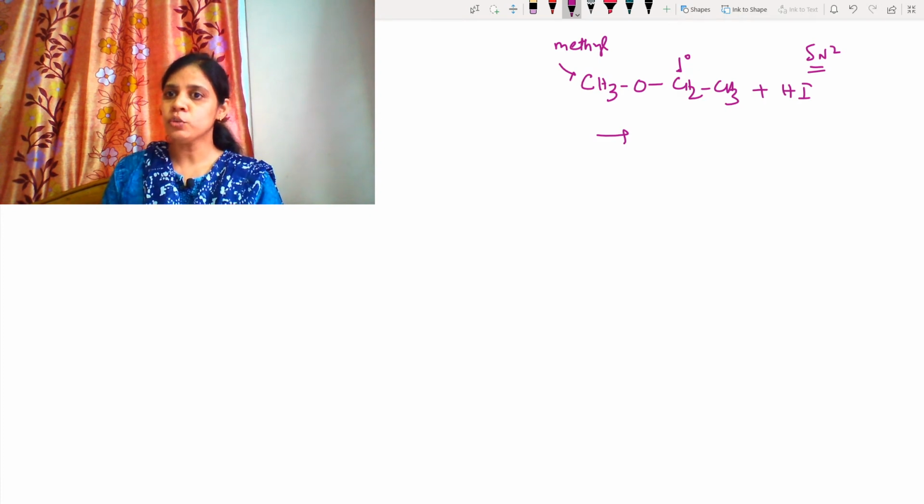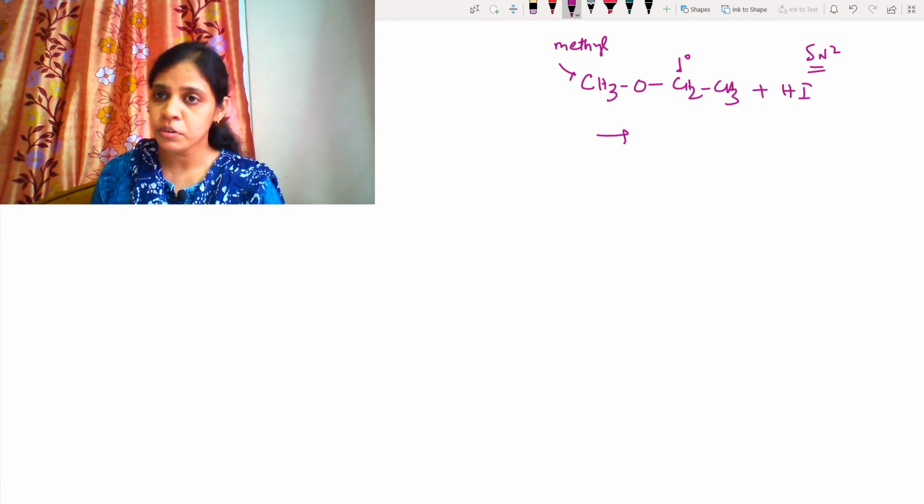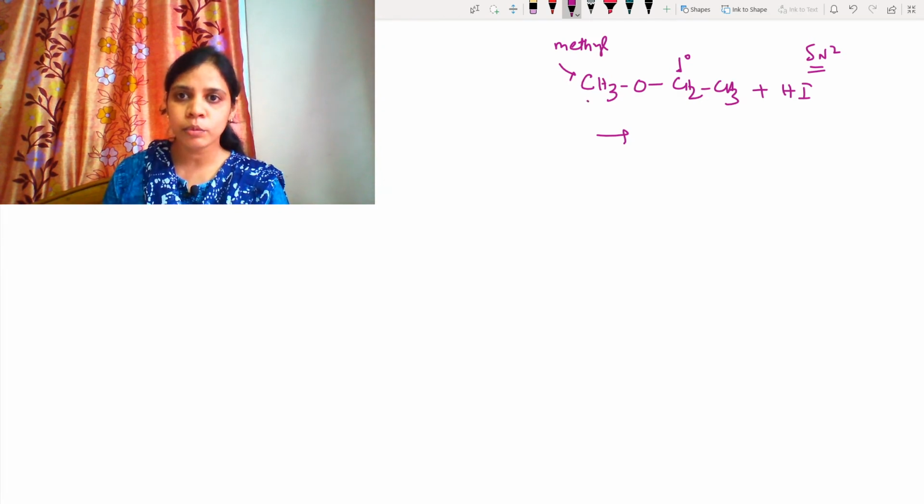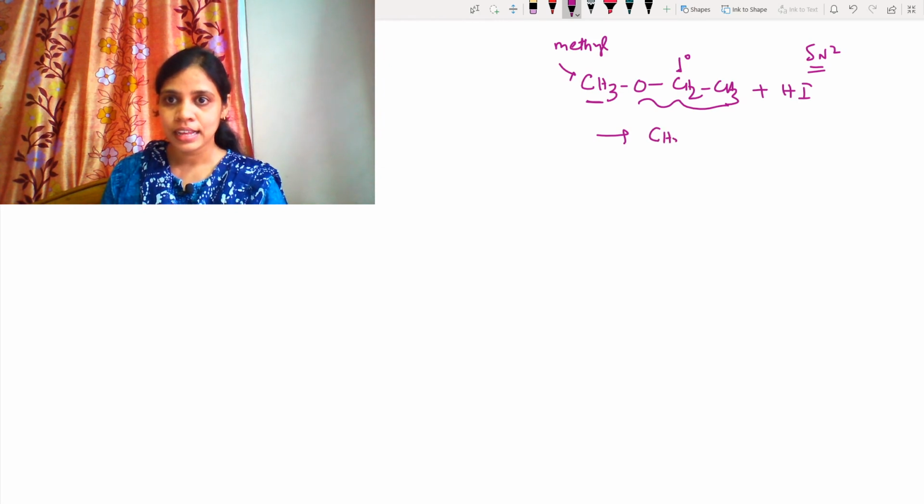In the SN2 path, the nucleophile always prefers the less sterically hindered position. Here the less hindered position is this one. So I is attached to the methyl group and the remaining portion becomes alcohol, because H is attached to this one. So we'll get CH3I and CH3CH2OH.